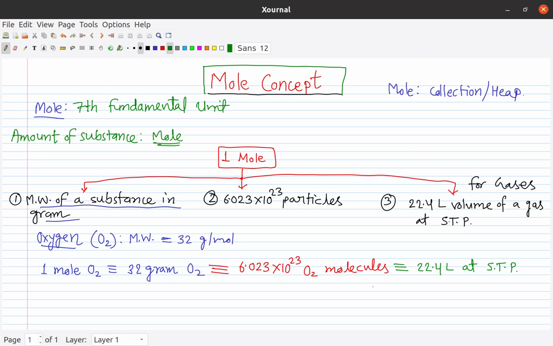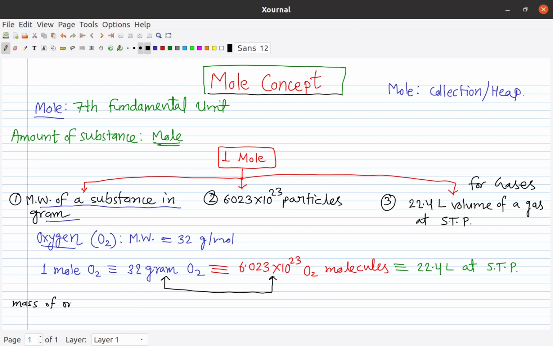So all these concepts are interconnected and can be related to form a lot of questions. For example, we can form a question with the help of 32 gram oxygen and 6.023 into 10 power 23 oxygen molecules. Suppose the question is: what is the mass of one oxygen molecule? You can simply calculate it using the unitary law.